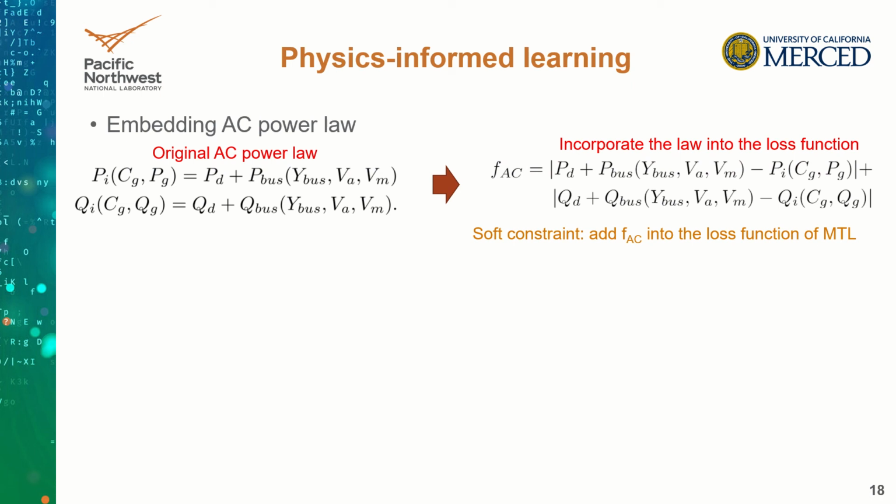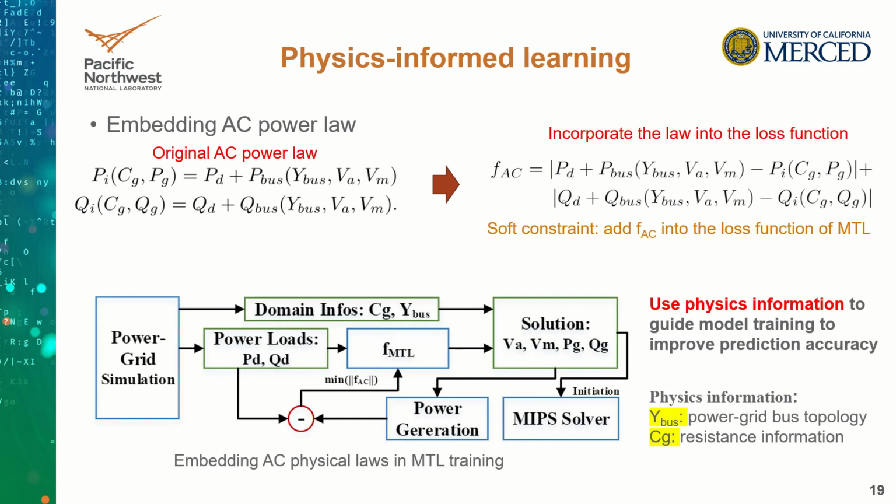First, we will transform the original ACOPF power law into an absolute format, and we will take this absolute format into the loss function. Then, during the model training, the loss function is minimized to guarantee the feasibility of the AC power law.